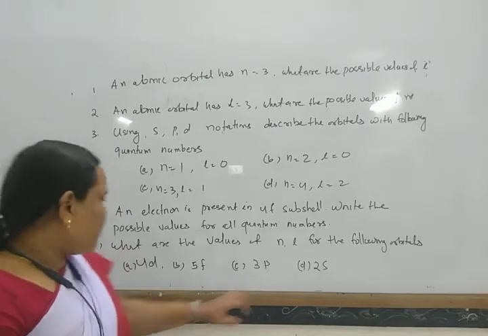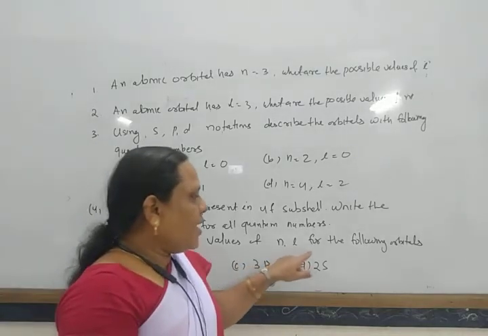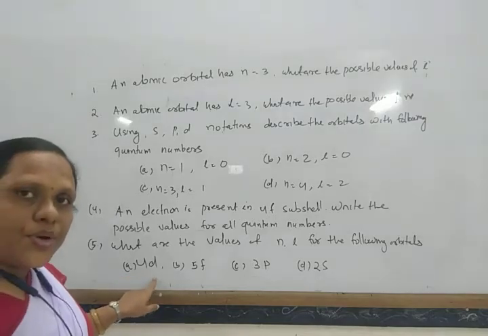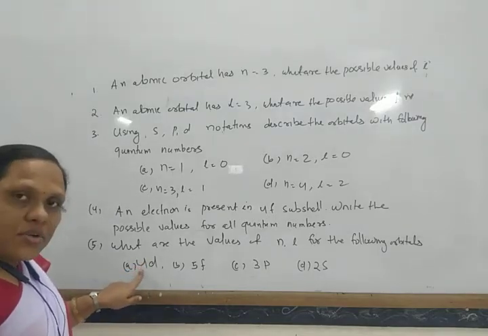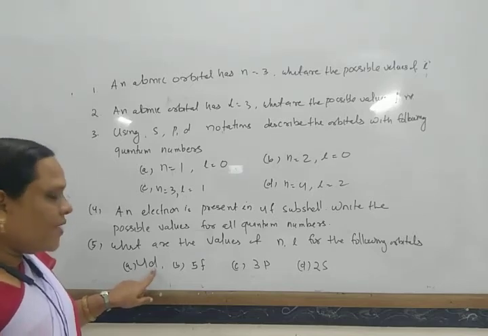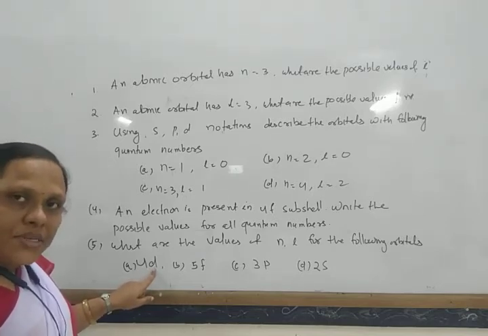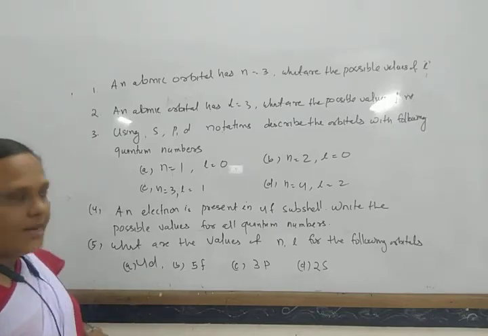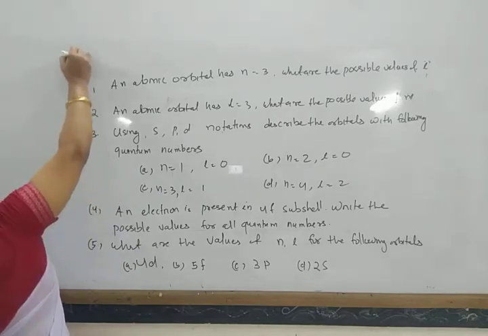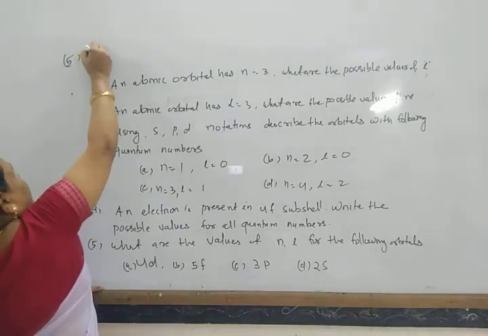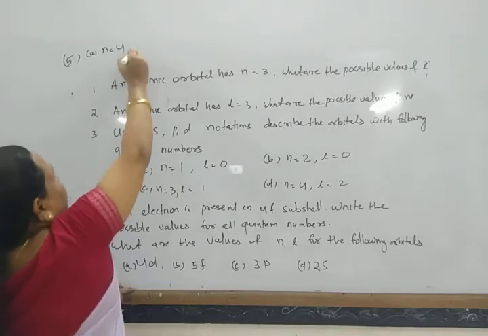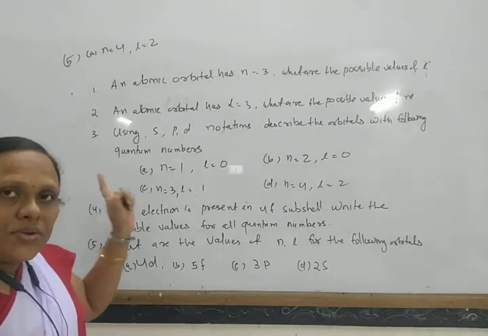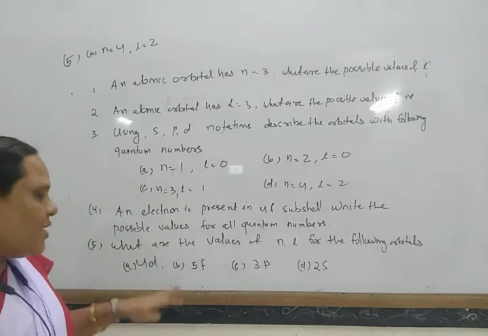question number 5. What are the values of n and l for the following orbitals? 4d means this number represents your principal quantum number and this represents your subcell, and from this subcell we can find your l value. For 4d, n equal to 4 and l equal to 2, as 0 is s, 1 is p, 2 is d.